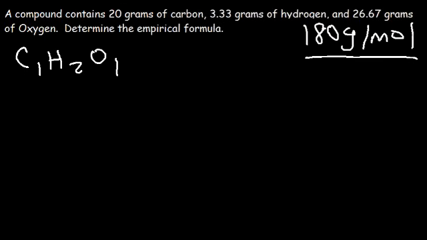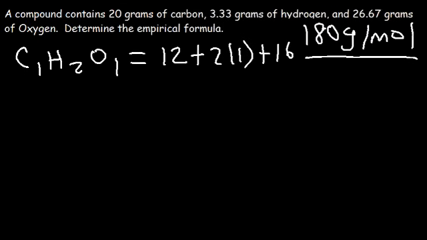What we need to do is calculate the molar mass of the empirical formula. Carbon has a molar mass of 12. For hydrogen, it's 1, but there are 2 of them. And for oxygen, it's 16. 12 plus 2 is 14, plus 16, that's 30.